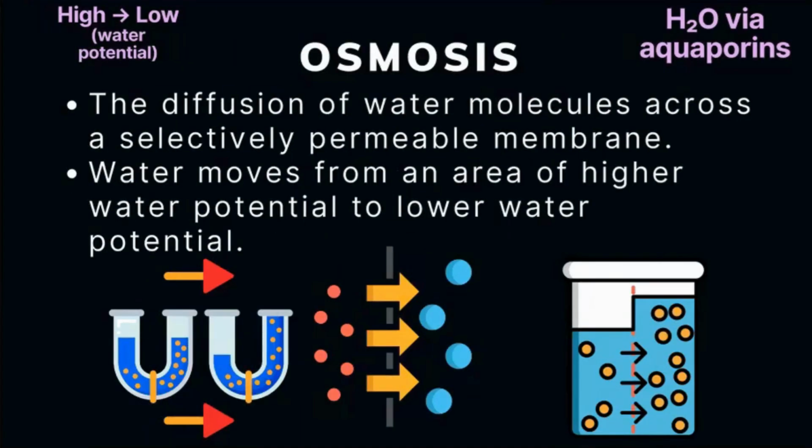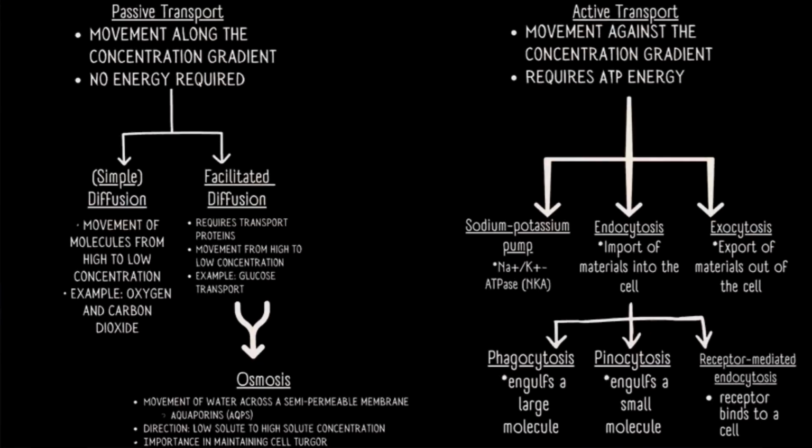Remember, we talked about osmosis, we talked about water potential, and the idea that we're going from areas of higher concentration to areas of lower concentration. So if you remember, we're going from high to low in simple and facilitated diffusion, but osmosis is a topic that often can be confusing because we're talking about low solute to high solute.